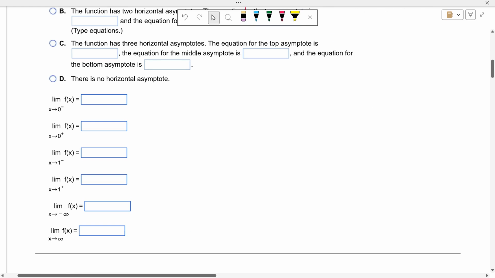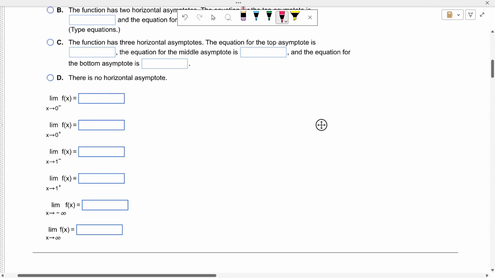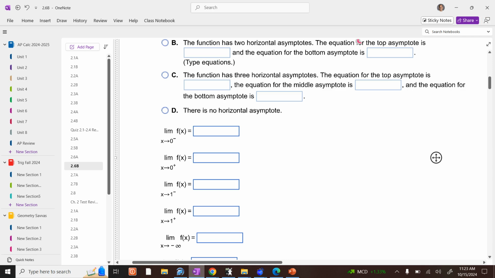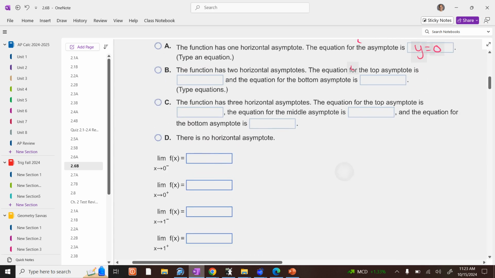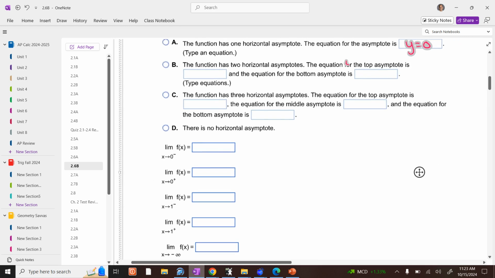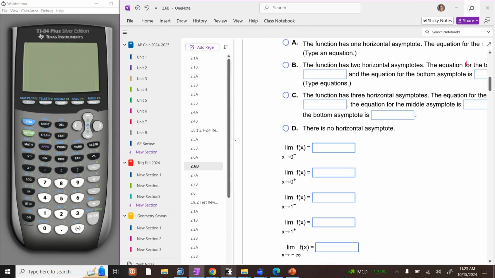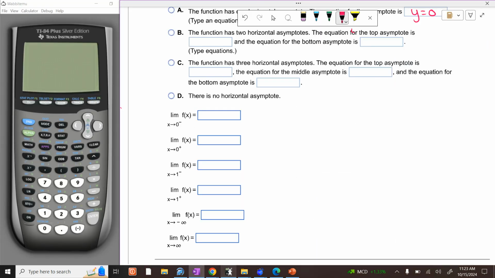So, as you approach 0 from the left, we've got to look at the graph of what's going on here. And I shouldn't close down my graphing calculator. So grab my graphing calculator and then go like this. All right.